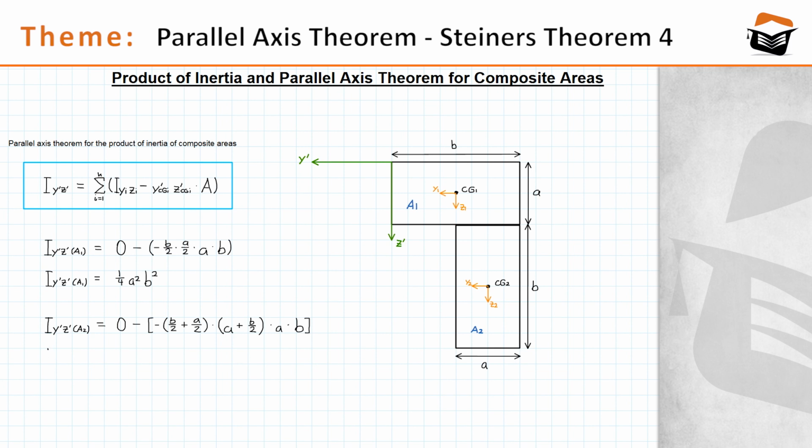And the result of that equation is minus 3/4 a squared b squared minus 1/4 a times b to the third power minus 1/2 a to the third power times b.